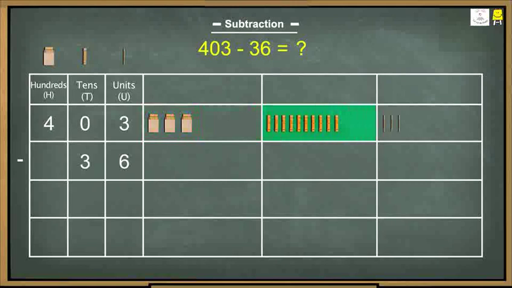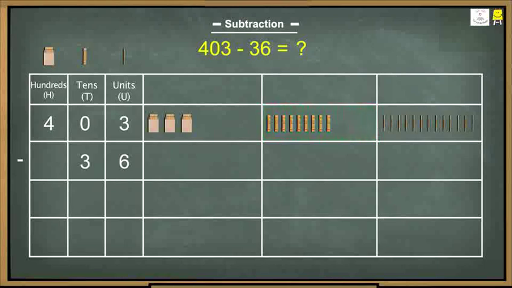Since we now have 10 tens, let us borrow 1 ten so that we can subtract the units. For this, we remove one bundle, that is 1 ten, and convert it into 10 sticks and put them in the units column. This is because 1 ten is 10 units.